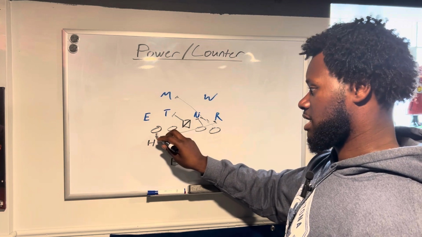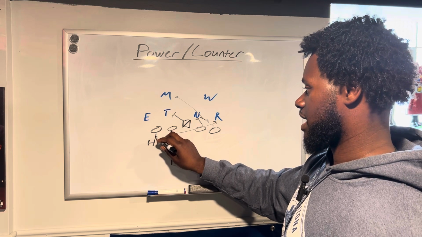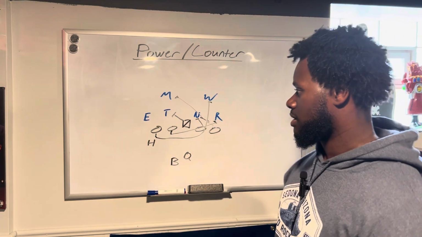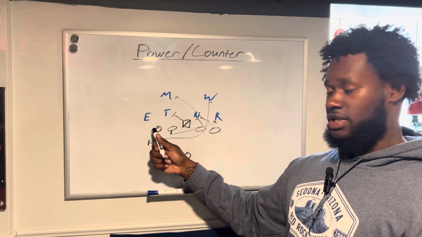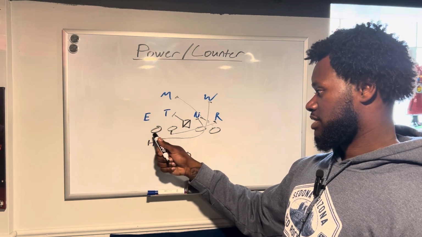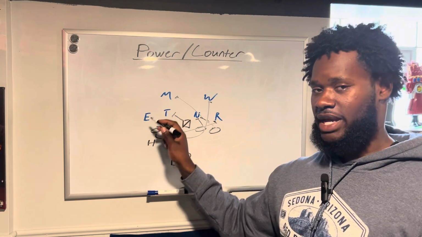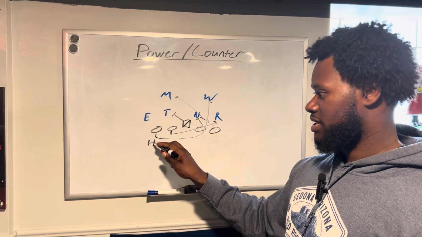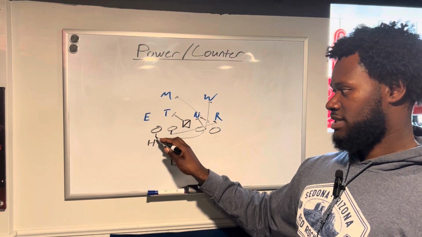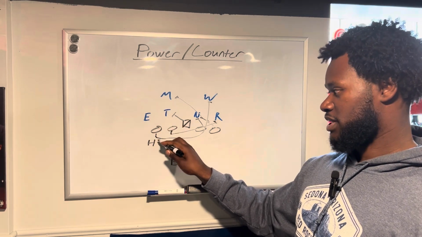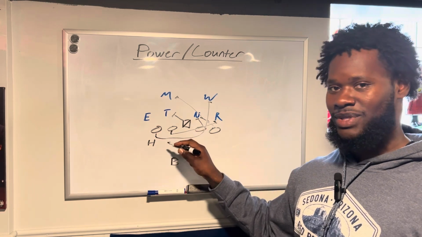If you're going GT, where you have this tackle pull through for your point, you probably want to read this backside end. It may be a tough ask for this H-back to get inside and cut this defensive end off, especially without interfering with the pull of this tackle.